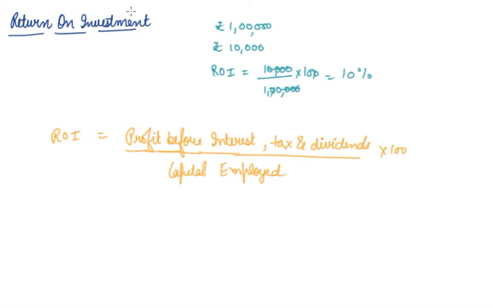Your objective is to calculate profit before interest, tax and dividend. So whatever has been deducted from the profit, you will add back. Then the second thing we need to calculate is the capital employed.